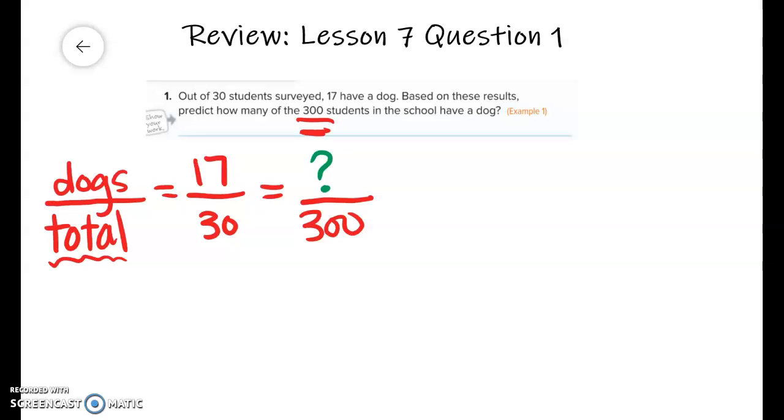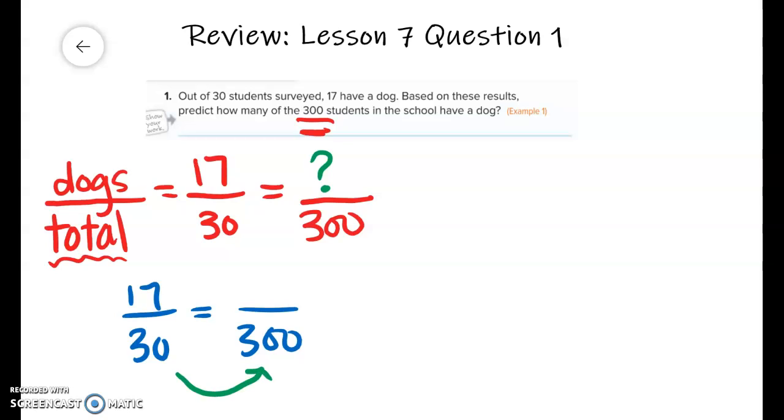So if I take that ratio and I set it up using equivalent fractions, I'm going to ask myself, is there a way that I can take a 30 and turn it into a 300? This would be a good time, if you don't know how to do that, you could use a calculator.